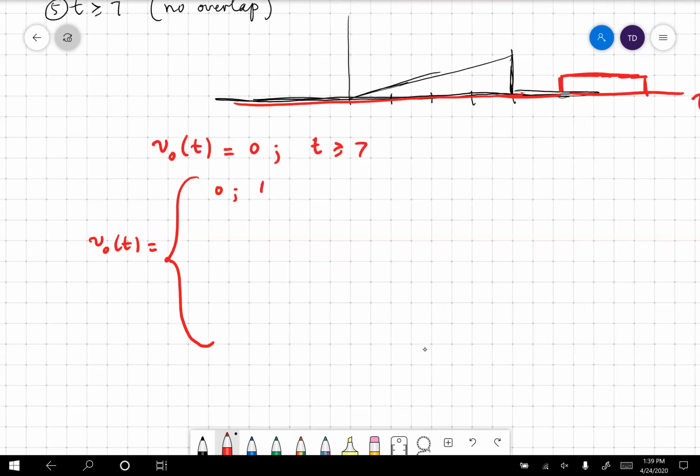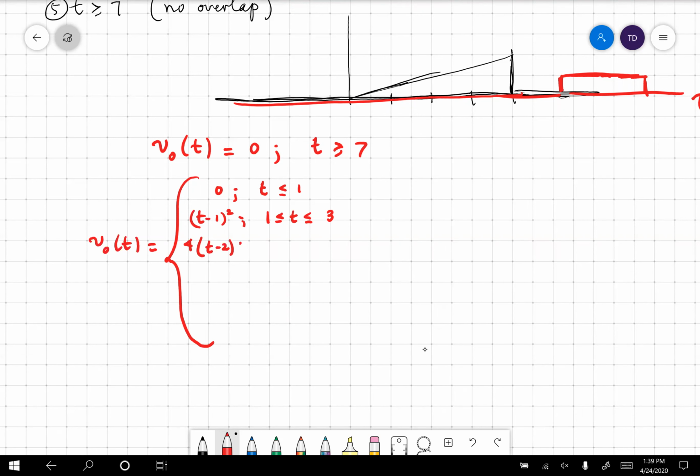0 for t less than or equal to 1, and then it was t minus 1 squared for 1 less than or equal to t less than or equal to 3, and then it was 4 times t minus 2, not squared, sorry, no square there.